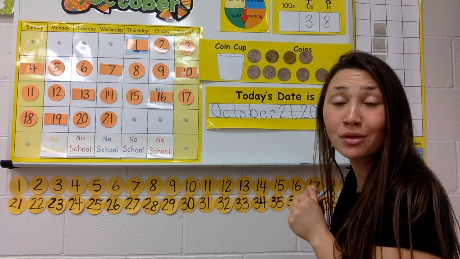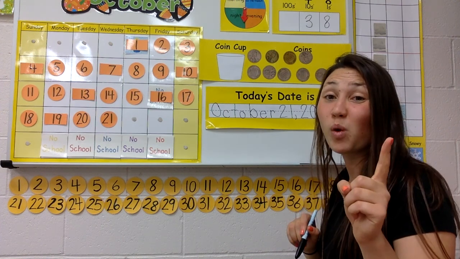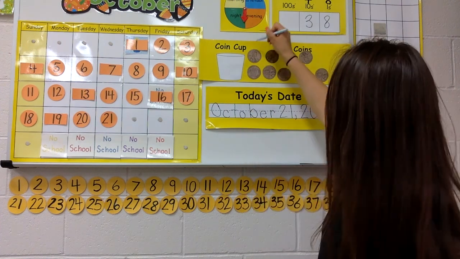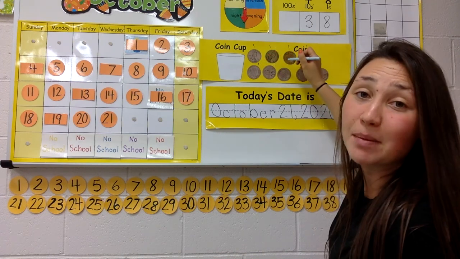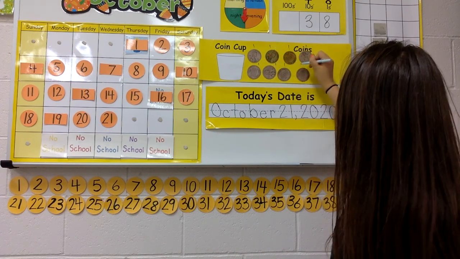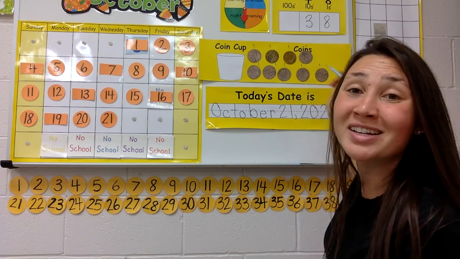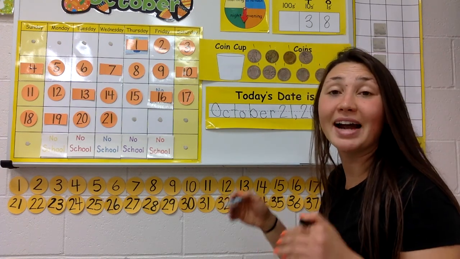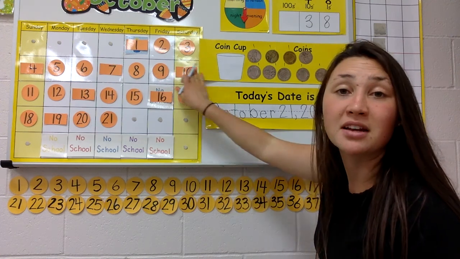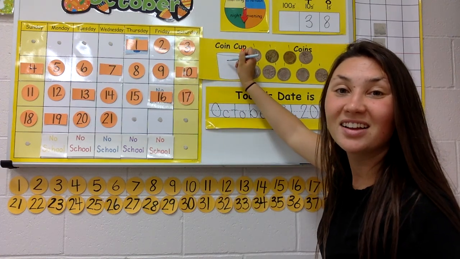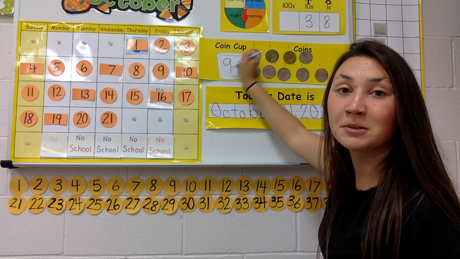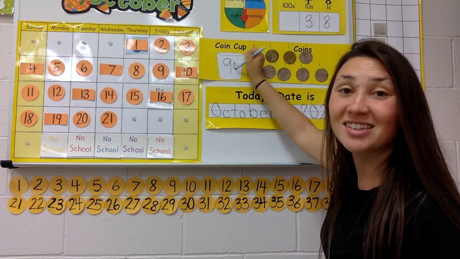How much is a penny worth? 1 cent, right? Just 1. So we write how much on top of each coin, how much it's worth. Each coin is worth 1 cent. That means if we have 9 pennies, we have how much money? 9 cents, right? Circle a line, make number 9. 9 cents in our cup.